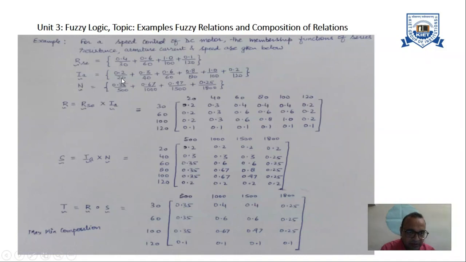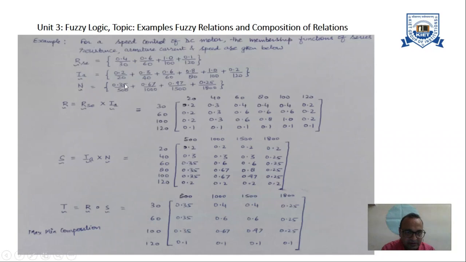Here I am making a relationship between the 20 ampere current and 500 RPM speed. 20 ampere, 40, 60, 80, 100 and 120 are the currents, and 500, 1000, 1500 and 1800 are the speed of the motor in RPM.